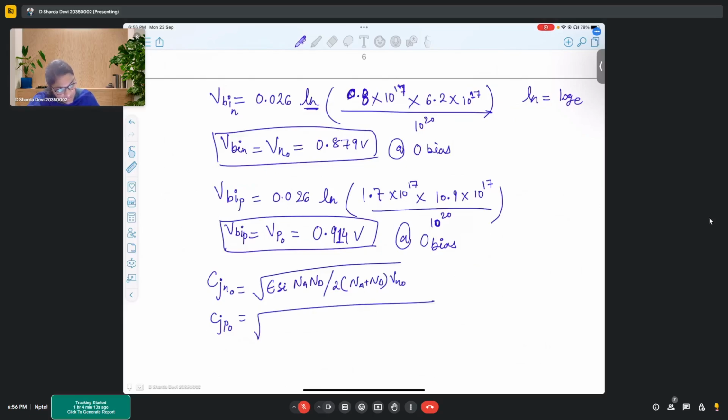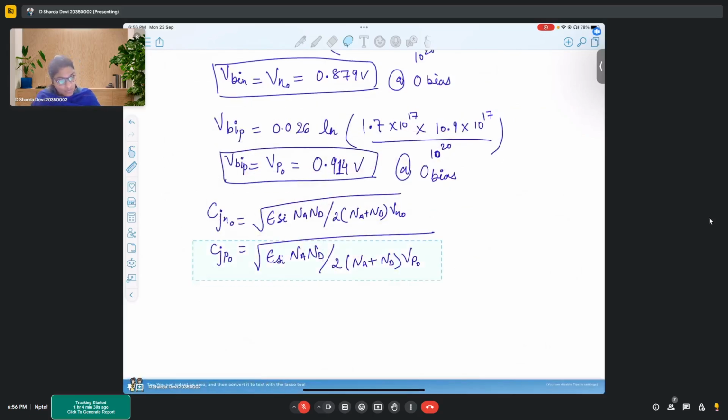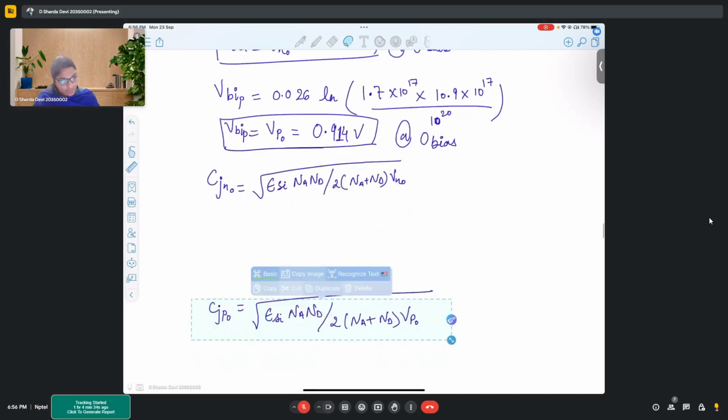Here it would be epsilon silicon NA ND by twice of NA plus ND into Vp naught. So maybe you can try finding one. The other one would be in the same way.